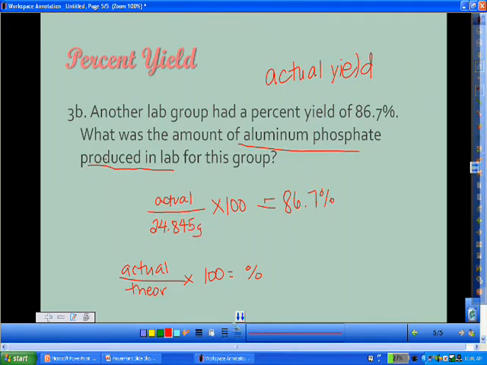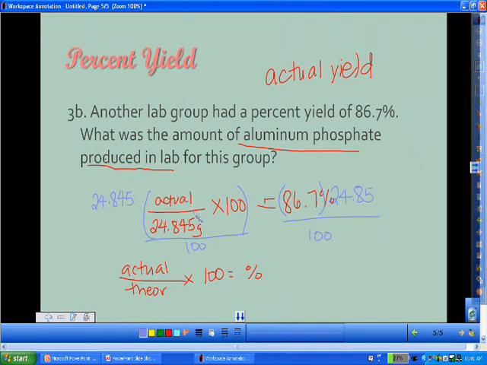So now we need to solve. To solve for this one, first I'm going to start by removing the 24.845 grams from the denominator by multiplying both sides by 24.845. And then to solve for the actual yield, I am going to divide by 100.